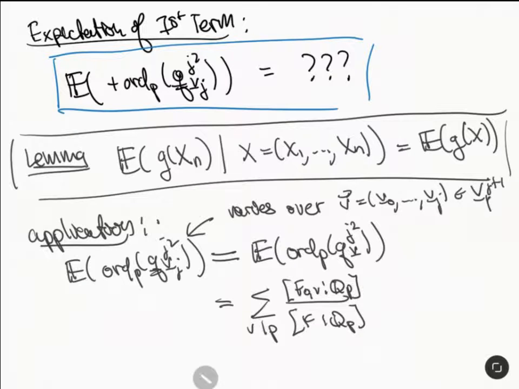Of course this will be 0 when it's good, so these things will be 0 most of the time. That's kind of an abuse of notation, but that's what we mean by this. So this is ord_p q double underline v to the j squared.